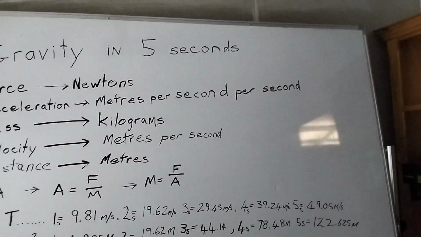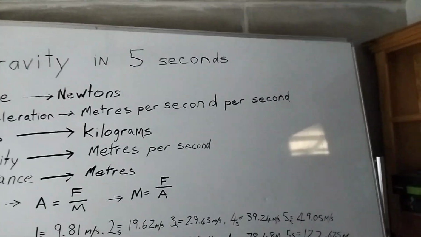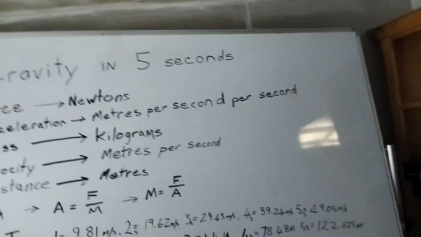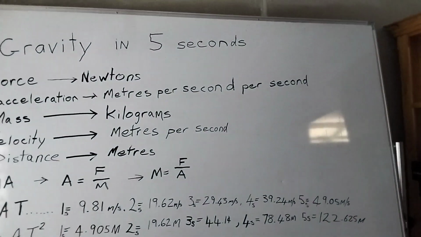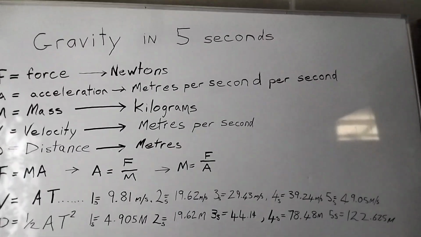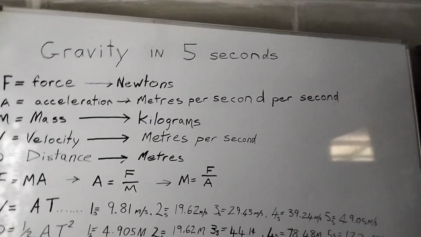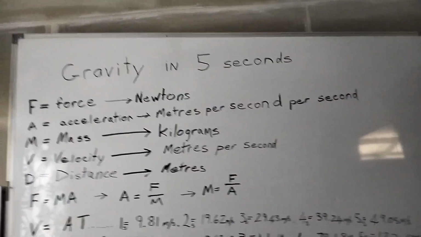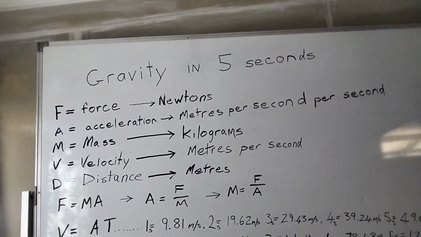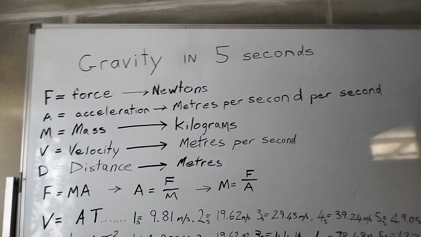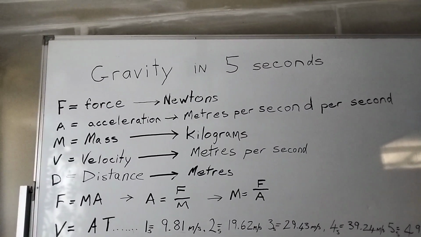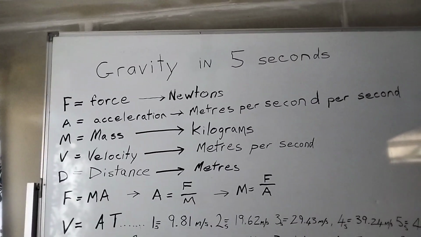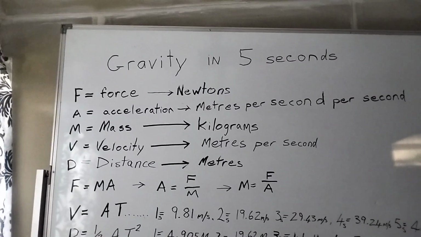Where we start getting into squared seconds, or 1/2 at squared, that's the distance. That calculates the distance in the duration of the fall. So as you can see, in 1 second, it's only half, it's 4.905 meters.